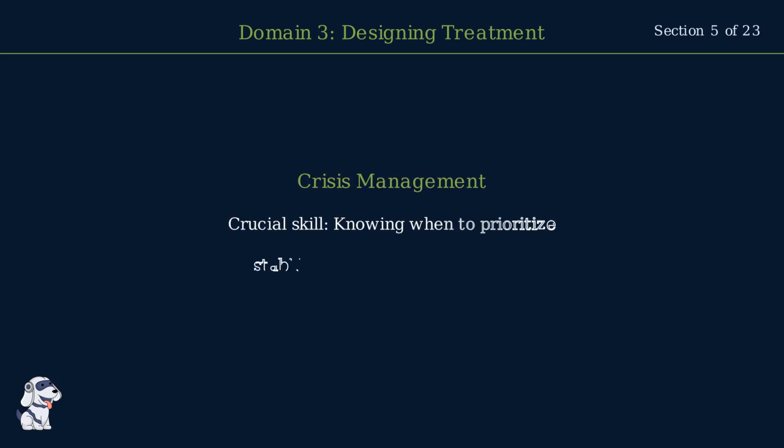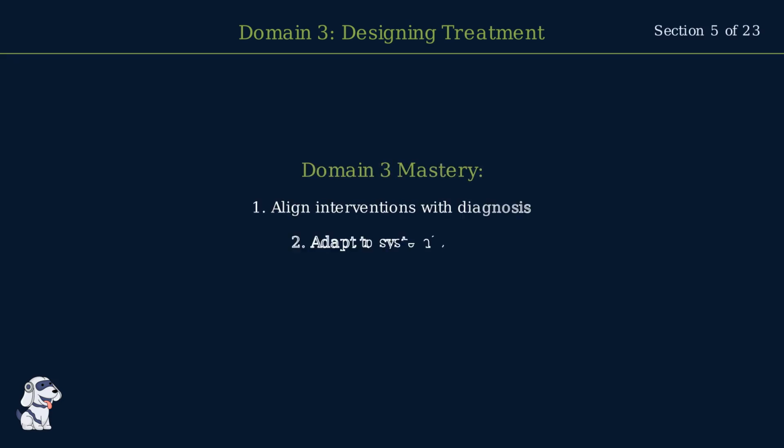A critical component of this domain is crisis management. It tests your judgment in identifying when acute safety needs must take precedence over systemic growth interventions. Mastery of this domain ensures that you can design treatment plans that are not only theoretically sound, but also practically effective in real-world clinical settings.